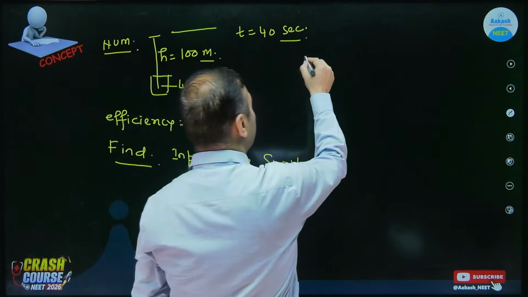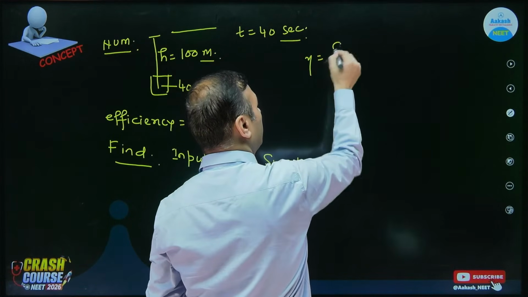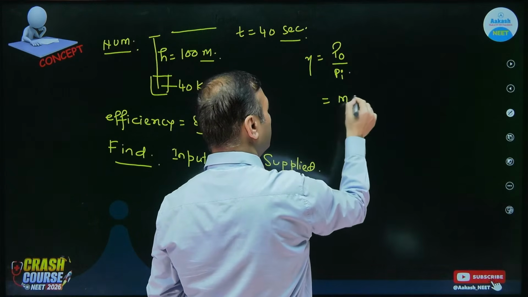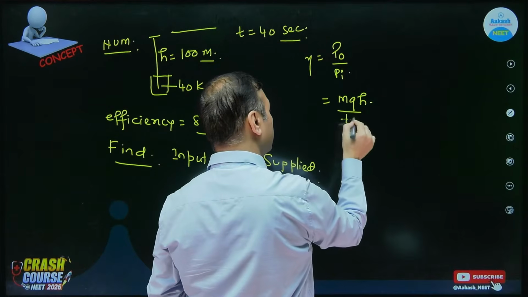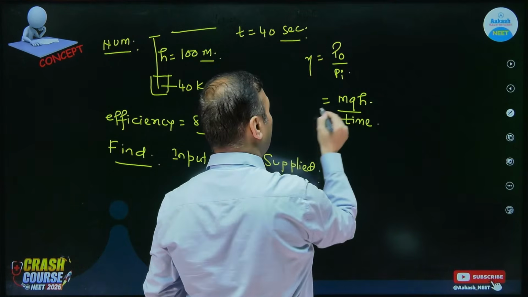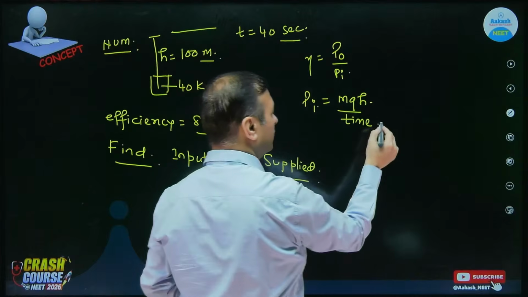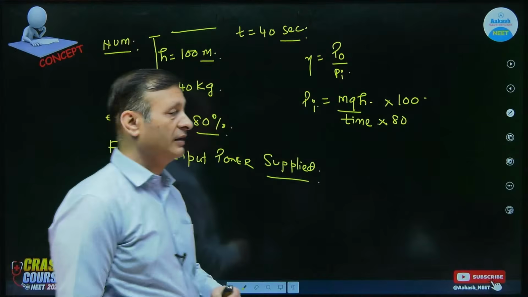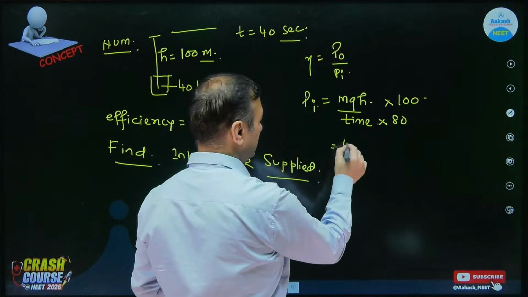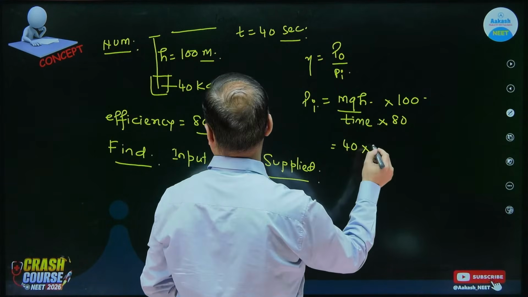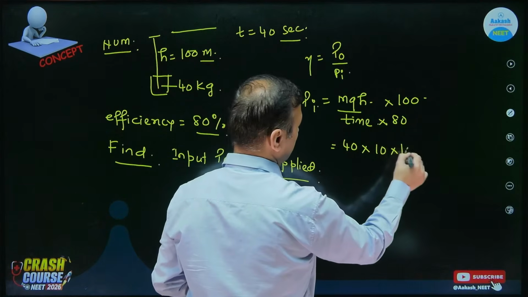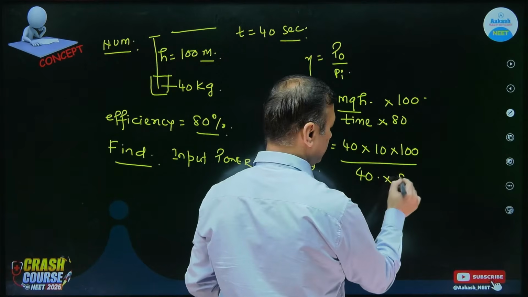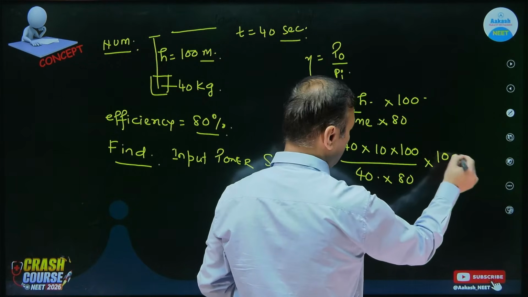So we know efficiency is basically output power by input power. So output power is mgh per unit time, and if I have to find input power, we'll divide it by efficiency. That makes it like this. So what is this? M is 40, G is 10, H is 100, time is 40 seconds only, and this is 80 and this is 100.